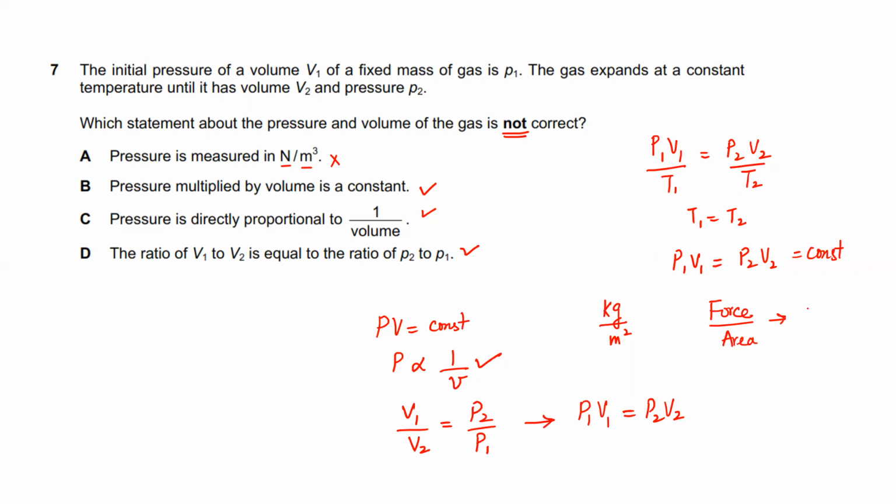The unit of force is newtons, divided by area in meter square, so it is Newton per meter square, not kg per meter square. So actually, these are the units for pressure. So A is not the right answer, and answer A is our choice.